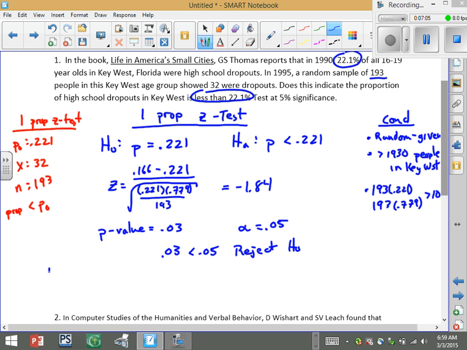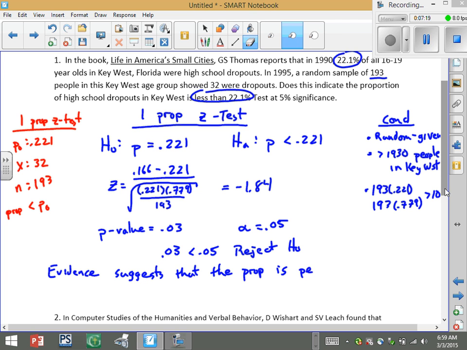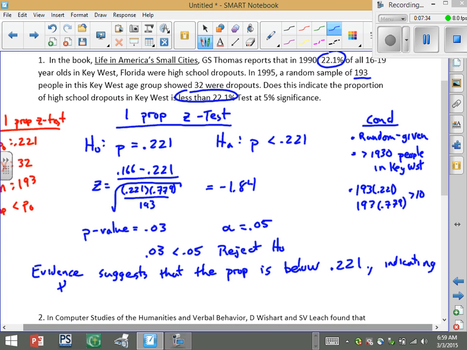We're rejecting the null, so evidence suggests that the proportion is below 0.221, indicating the dropout rate has, for lack of better terms, dropped significantly.